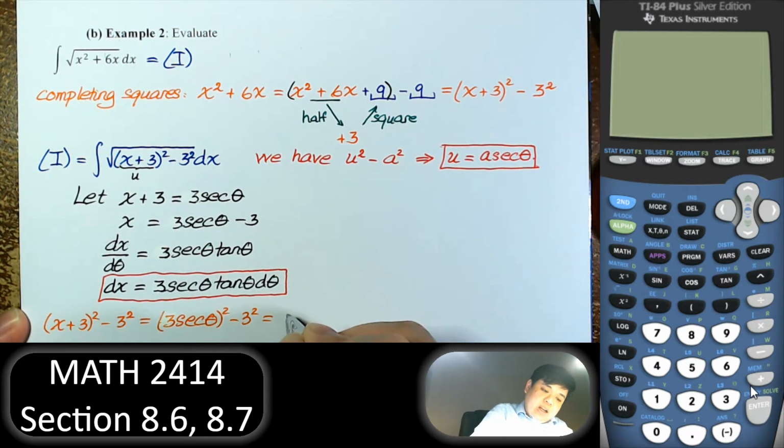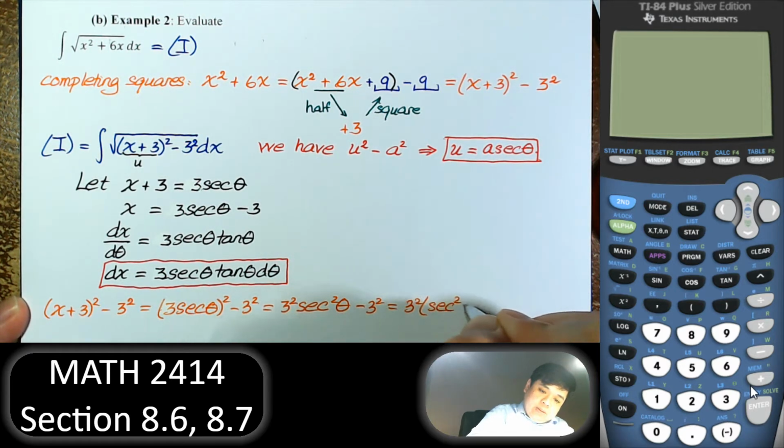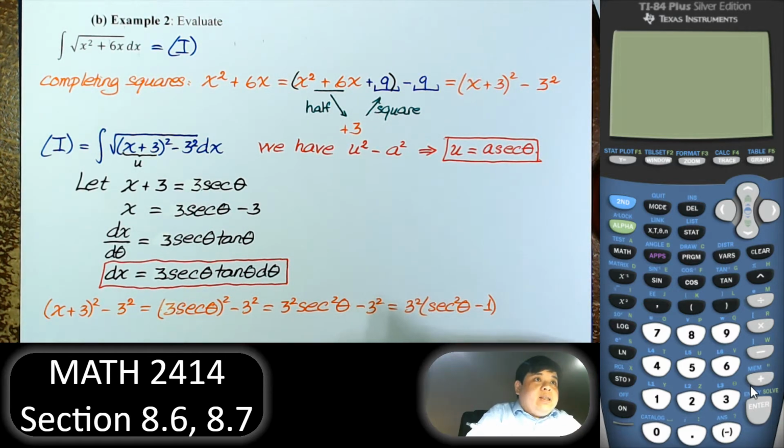Three squared is 9, I just say 3 squared, and then secant squared minus 3 squared. Factor out 3 squared, secant squared minus 1 is tangent squared.